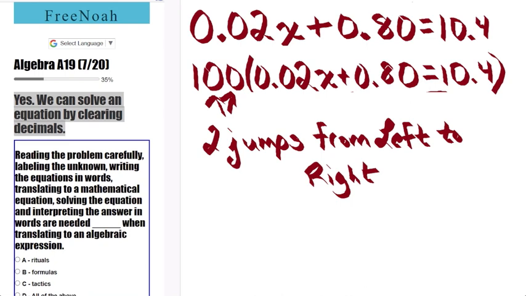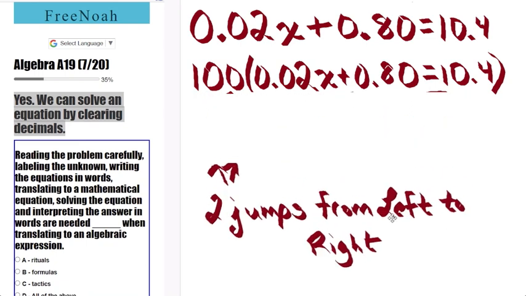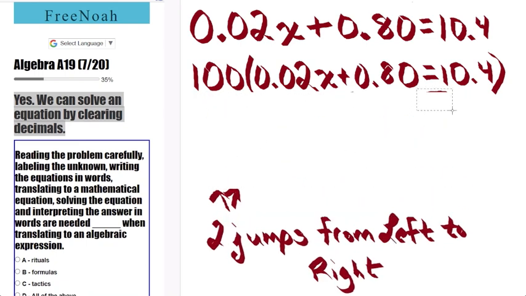Let's begin here with 200 times x. All right, 1, 2. Moving on to our next term, our 8 tenths, 1, 2. And then moving on to our third and final term, 1, 2.